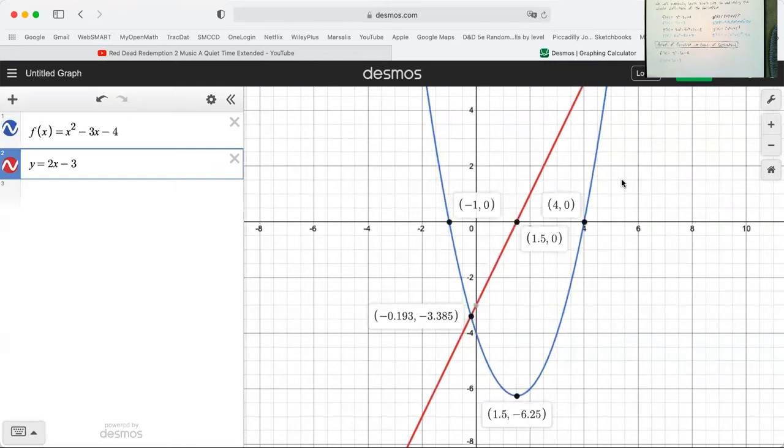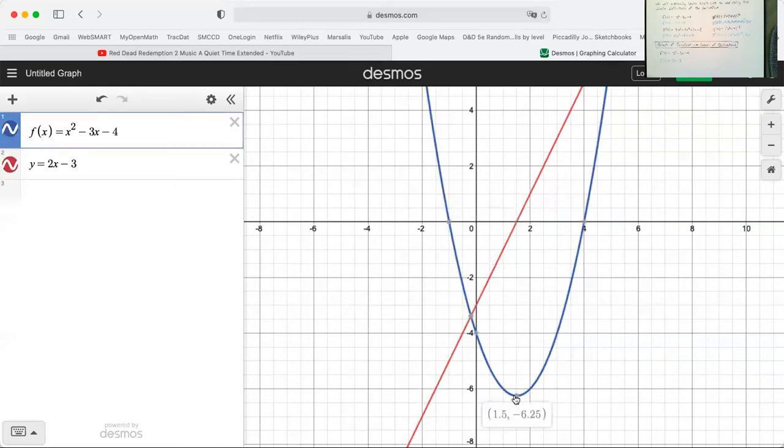Remember that the derivative is telling us the slope of the line tangent to the function at a given point. So if you'll notice, down here at the vertex of the parabola, when x is equal to 1.5, that's when the tangent line is horizontal.